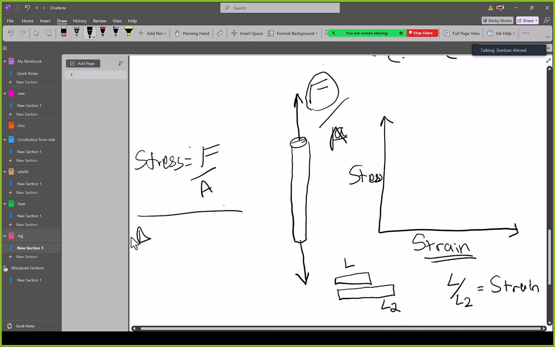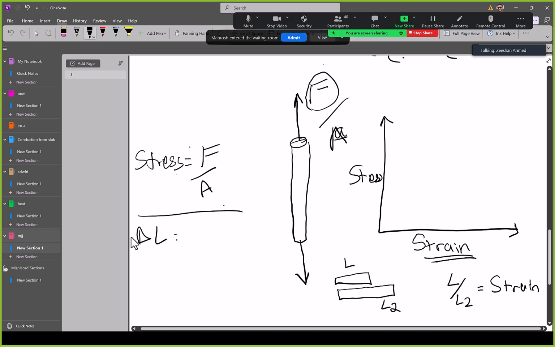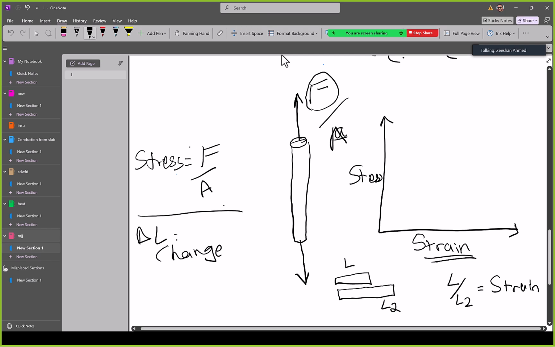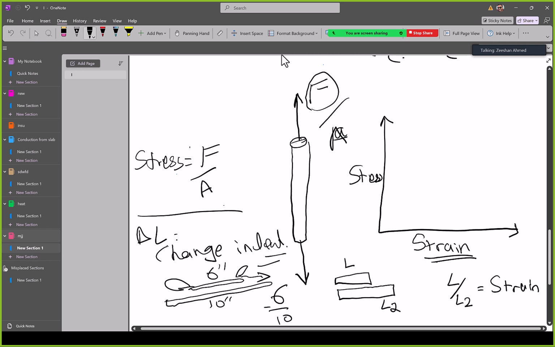Technically, we call it change in length. समझ आई बात की सबको? Take an elastic band, जो इलास्टिक होती है, and pull it in this direction and in this direction. अगर ये पहले 6 inches की थी and now it turns into 10 inches, so 6 divided by 10 will be strain. समझ आई?